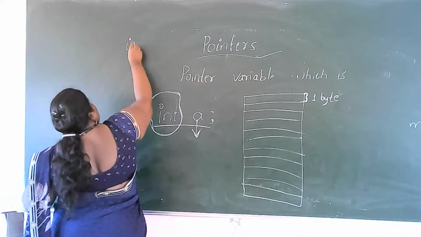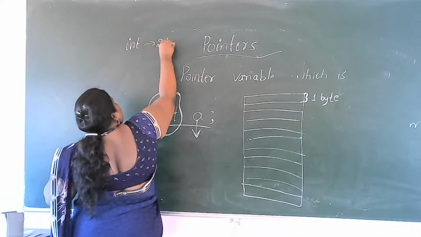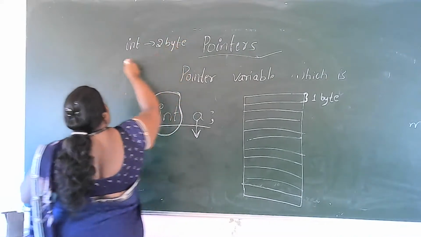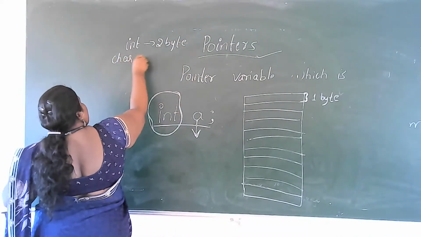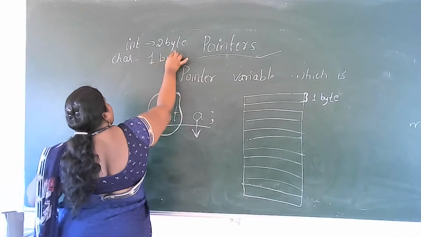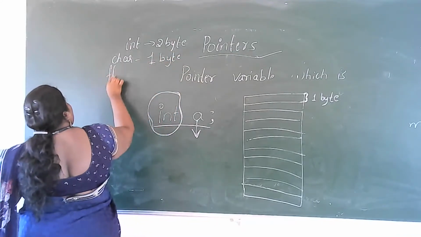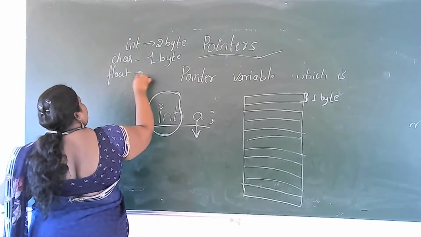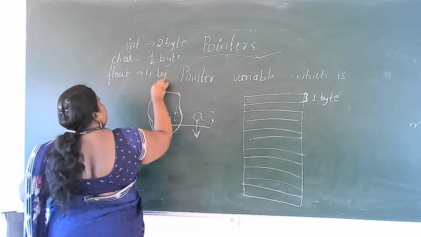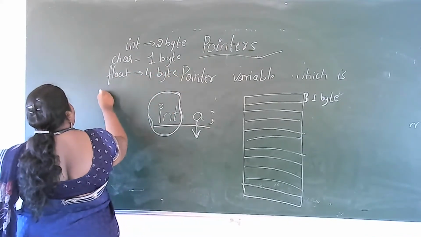If data type is int, then 2 bytes will be allocated. If data type is char, 1 byte will be allocated. If data type is float, then 4 bytes will be allocated.